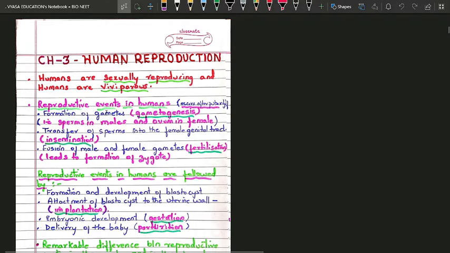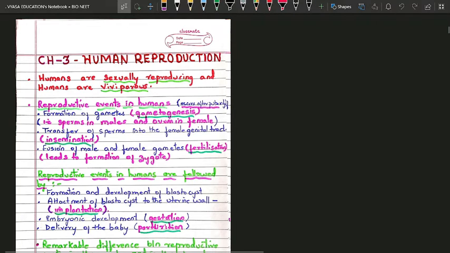The third one is fertilization, that leads to the formation of the zygote. Fusion of male and female gametes is called fertilization.